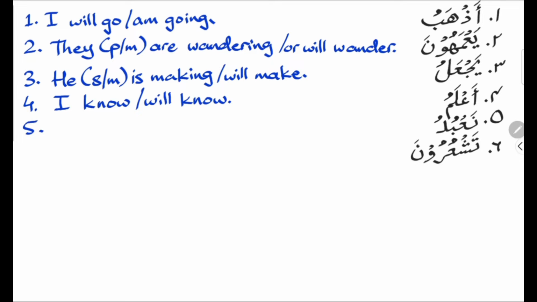Number 5 is نعبد. This comes from the root word of عبد, which means to worship. نعبد is جمع متكلم. We are doing or we will do. So نعبد means we are worshipping or will worship.